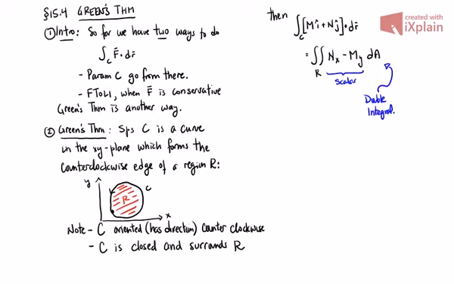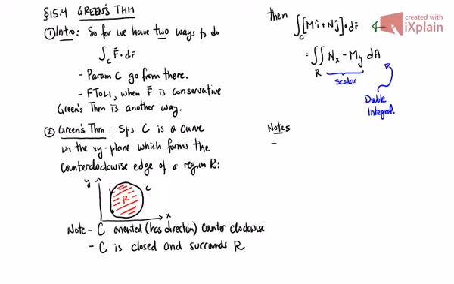Now, I'm going to make a few notes before we do some examples. So the first note is this notation up at the top, the notation right here. This is one of our two notations for line integrals of vector fields.